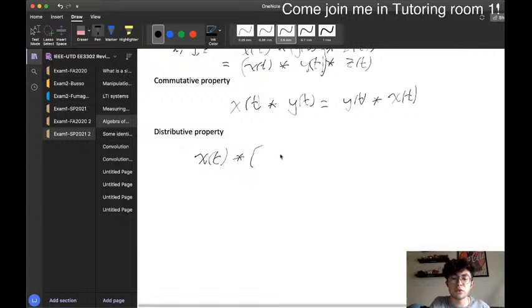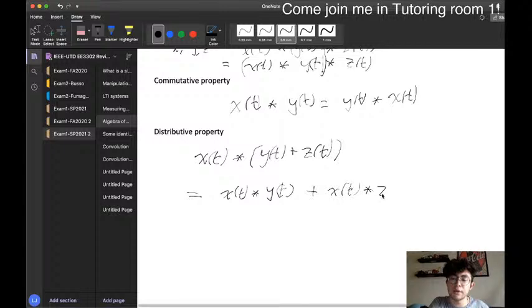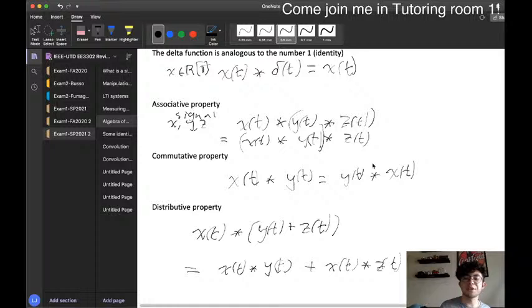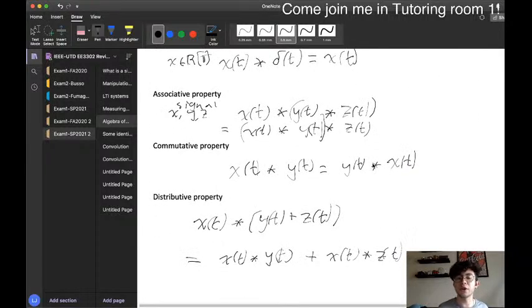So if we're trying to convolve x of t with a sum of signals, y of t plus z of t, then we can essentially just multiply across: x of t convolved with y of t, and then we add the convolution of x of t and z of t. This might seem kind of useless right now until we start solving problems, and I'm going to show you how this is useful.